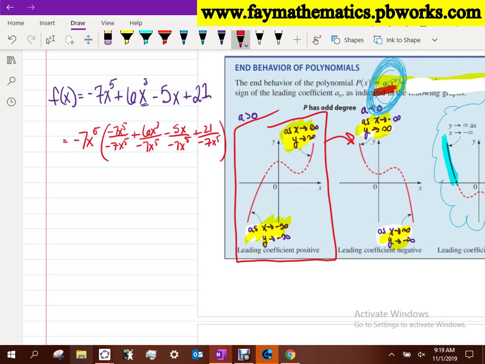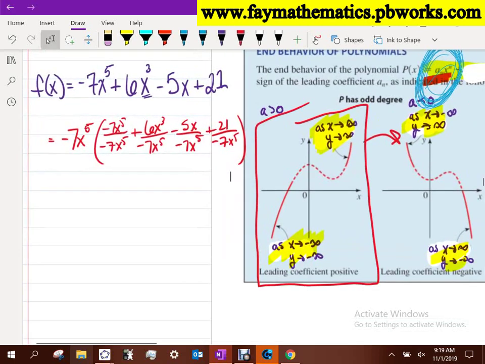If I were to distribute this GCF back through, I would cancel all these denominators out and leave just the numerators, exactly the same thing as this, right? So I haven't changed the way it looks, I haven't changed what it does.